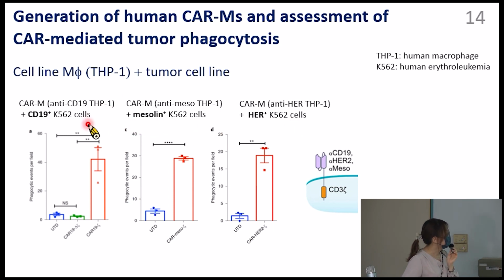All of these tumor cells can be recognized by the CAR macrophage, and in their phagocytosis assessment, you can see the CAR macrophage can engulf more tumor cells here. Okay.